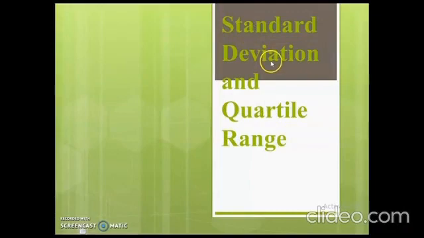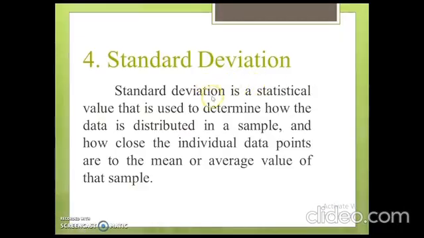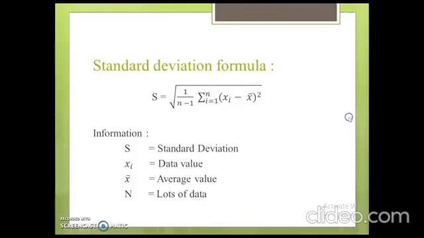Okay, next, standard deviation and quartile range. Standard deviation is a statistical value used to determine how the data is distributed in a sample and how close the individual data points are to the mean or reference value of the sample.